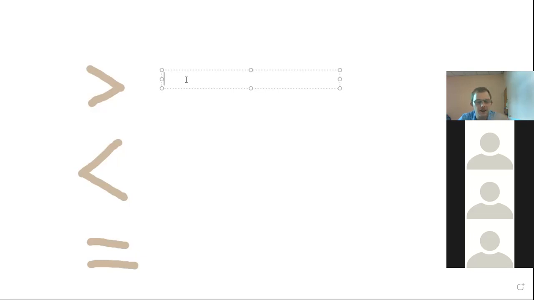The first one means greater than. For an example, we have 5 is greater than 4.